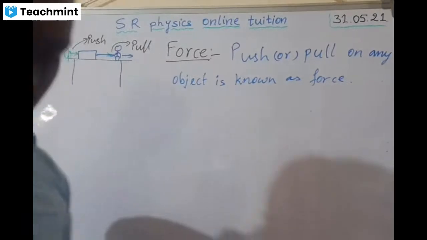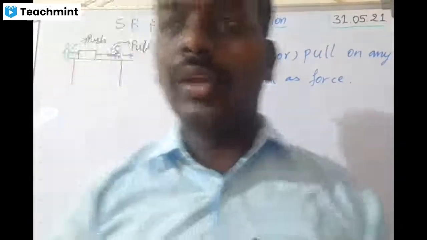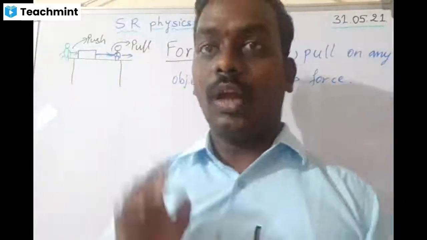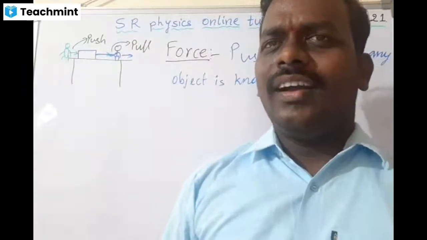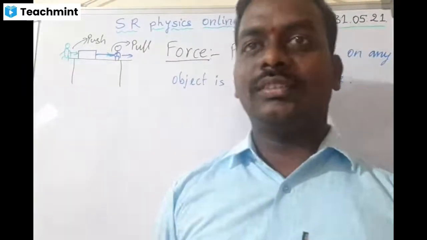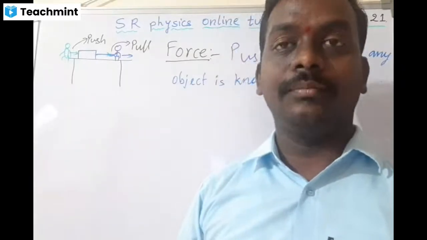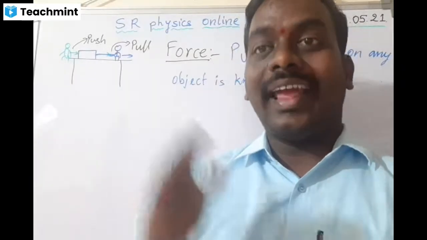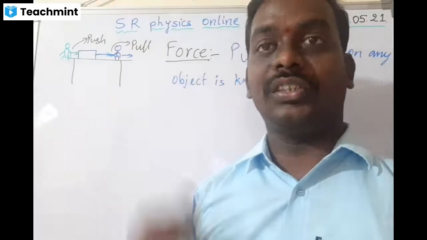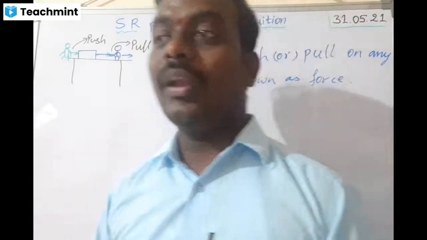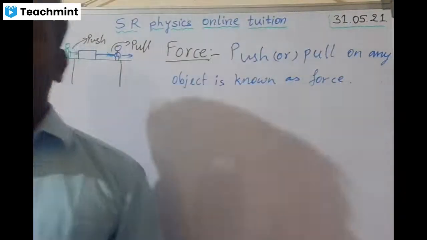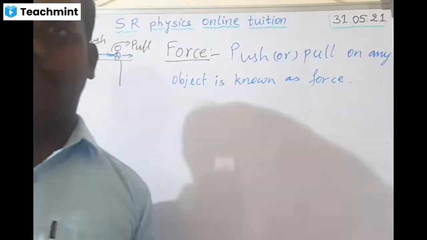Is it clear? The push or pull on any object is known as what? Force. Now, are there any different types of forces? That means the actions that we are doing. Will there exist any different kinds of forces? Let us see now, how many different kinds of forces exist. Let us see one by one right now.